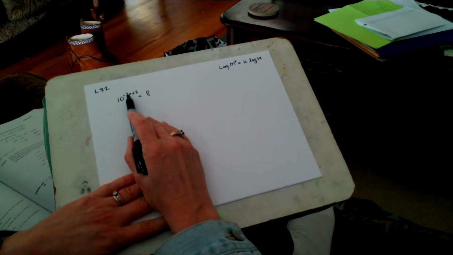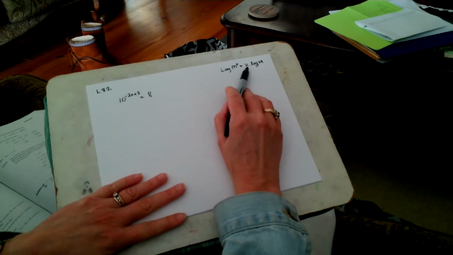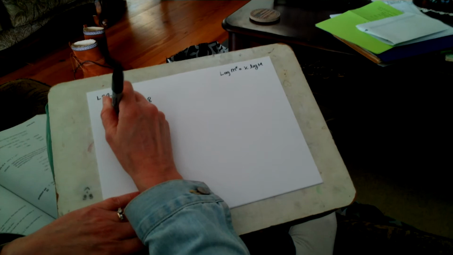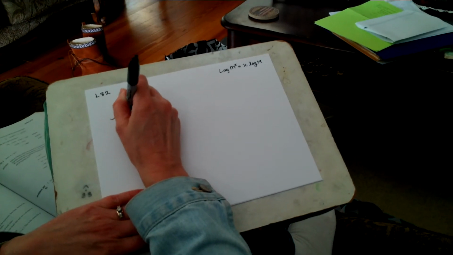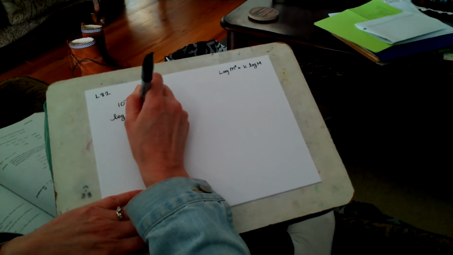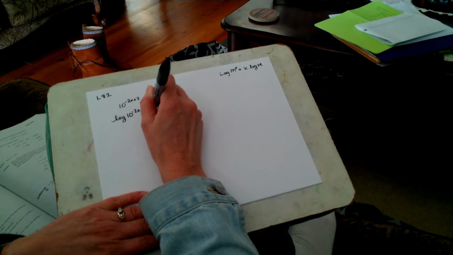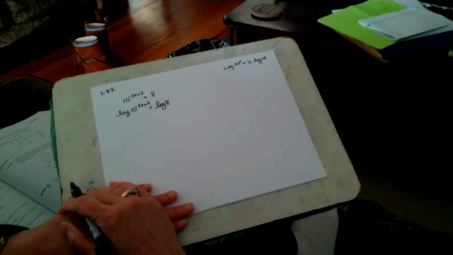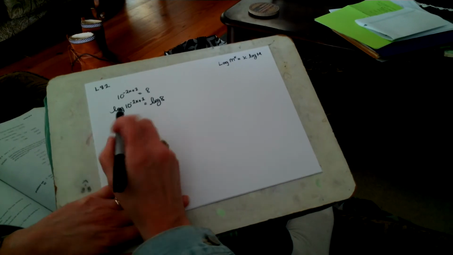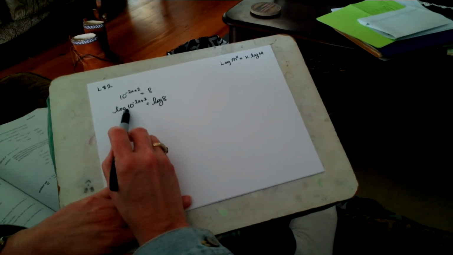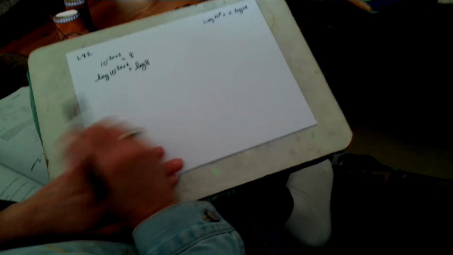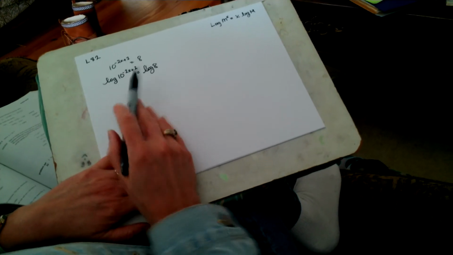To solve for that x, we're going to use this principle of logarithms, and we're going to take the log of both sides. Remember, if there is no base stated, it's understood to be base 10, which is what we want to use here. We could do the same thing with the natural log if we wanted to, but this one we're going to use base 10.